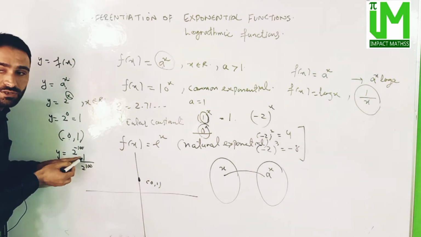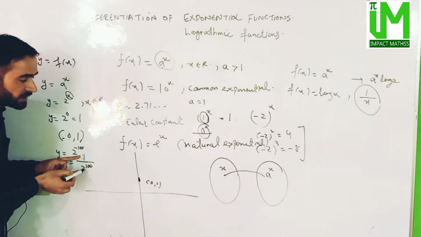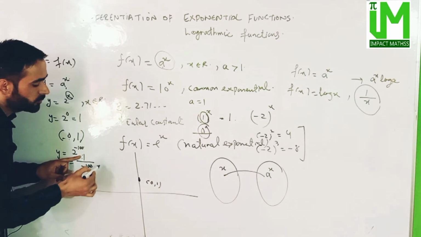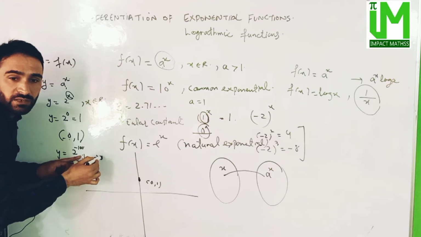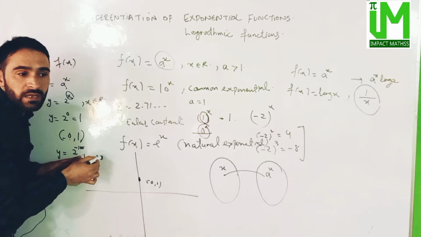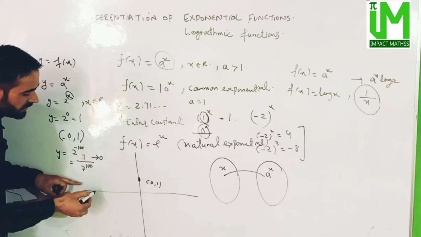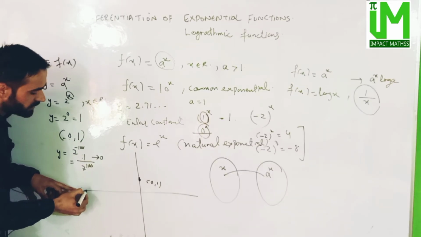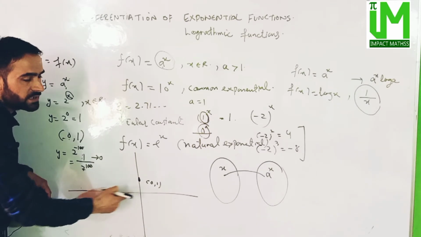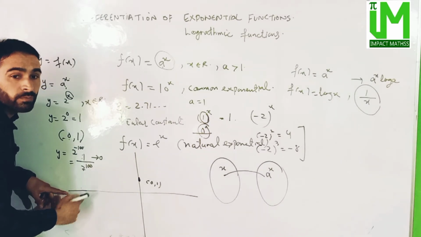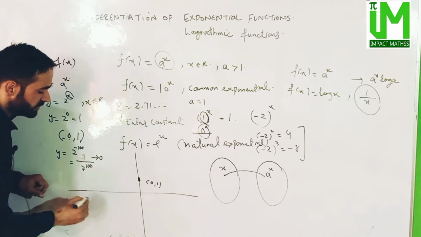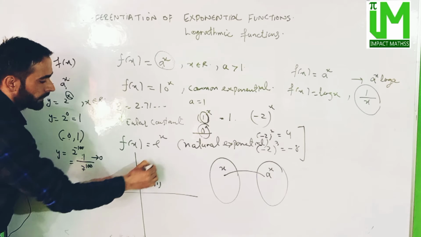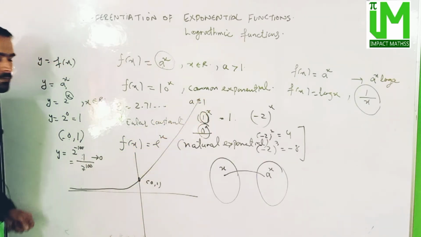That means it will be approaching 0. Exactly 0 के बराबर नहीं, but it will be approaching 0. For any negative value it will be close to 0, closer and closer to 0. x-axis को touch नहीं करेगा. So we'll obtain a graph like this.